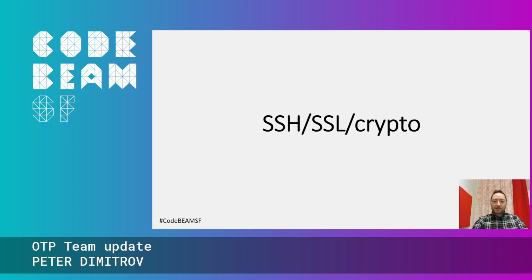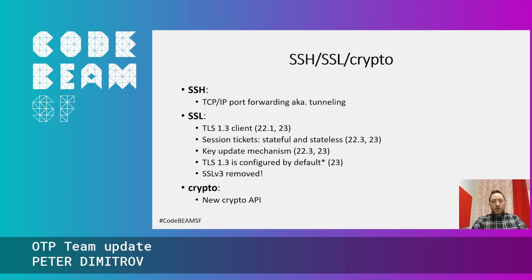SSH, SSL, and crypto. We implemented TCP/IP port forwarding in the SSH application that corresponds to the uppercase L and uppercase R options in the OpenSSH client. The SSL application got new features like TLS 1.3 client that is available from 22.1.